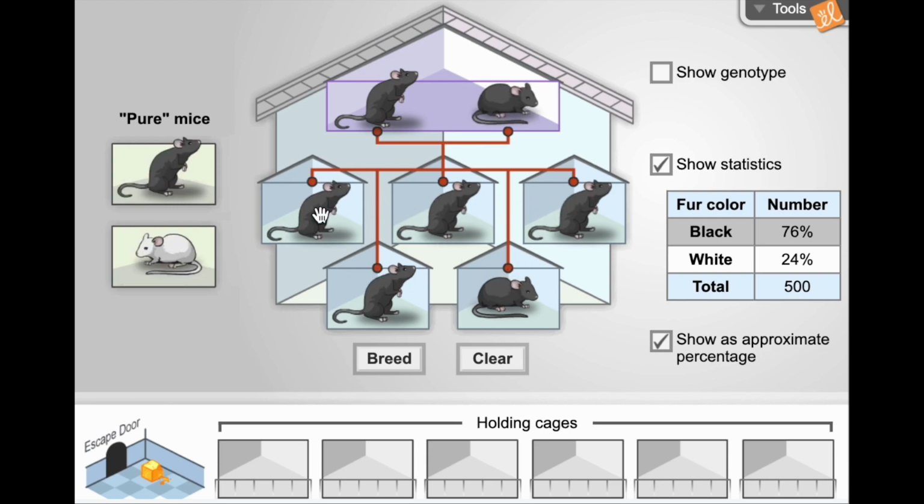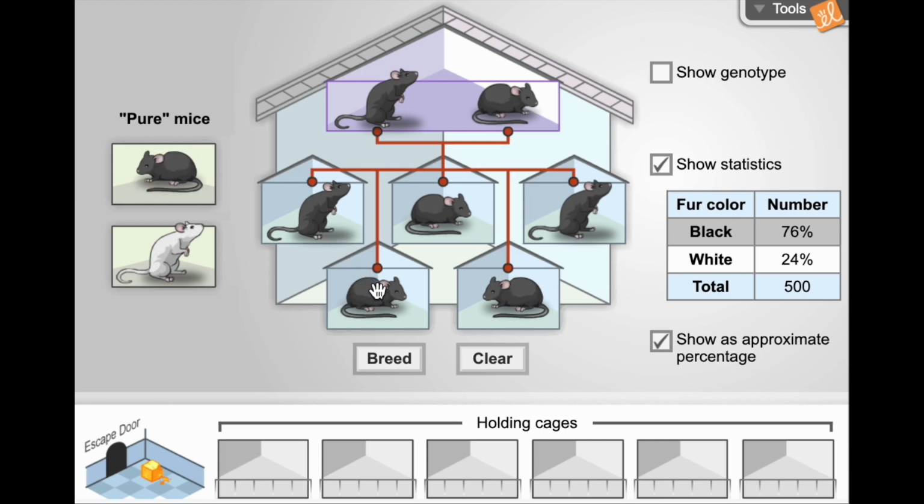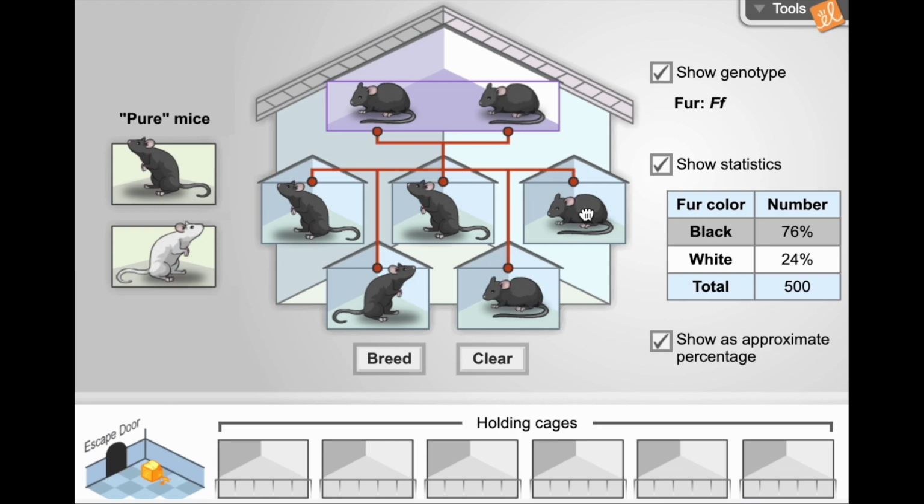I know that these are all black in color, but I don't know which one is homozygous dominant, heterozygous, or homozygous recessive. So what I need to do is study these a little further and actually click on genotype to be able to look.